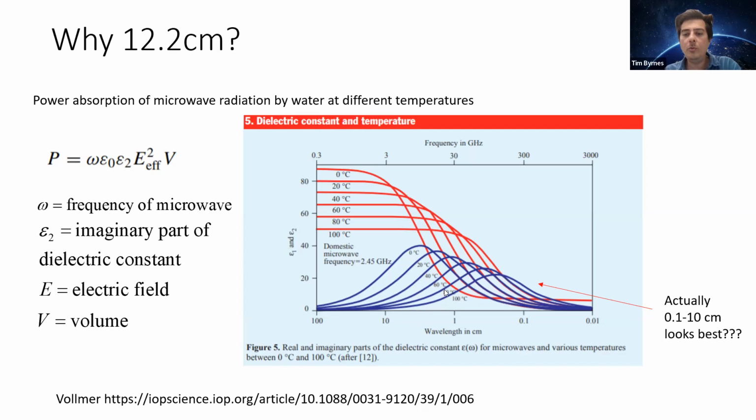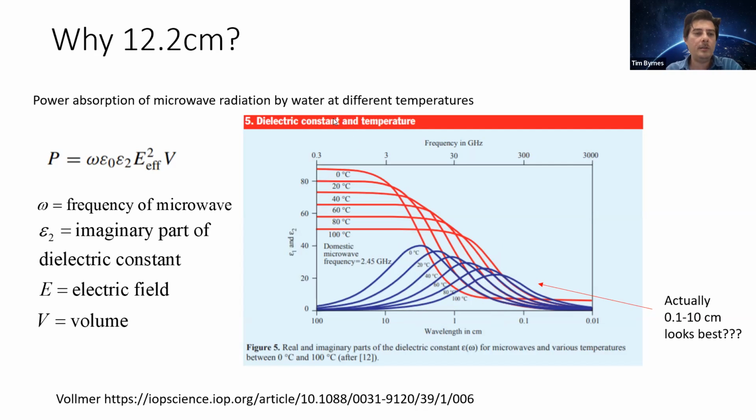As you go to hotter water, like boiling water, then the wavelength that's best absorbed is more like 0.5 centimeters, so about 5 millimeters. So the temperature of the water will affect which frequencies are best absorbed.